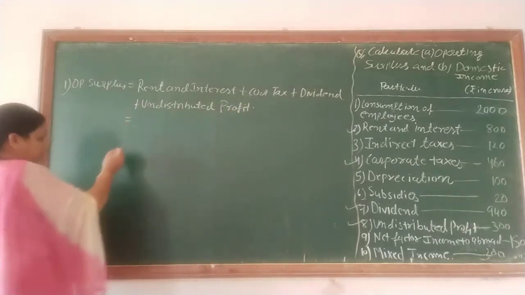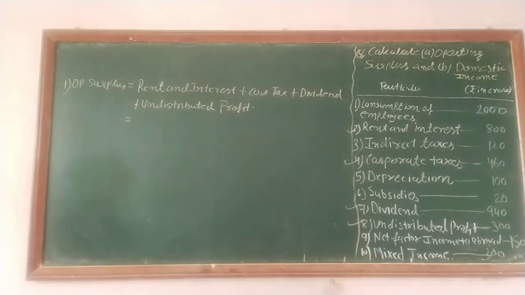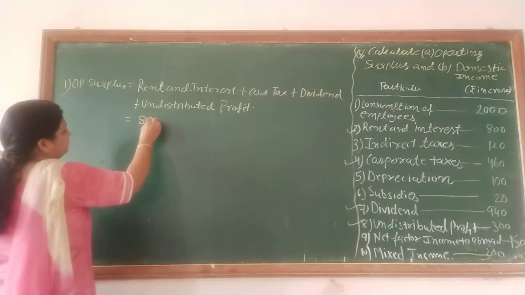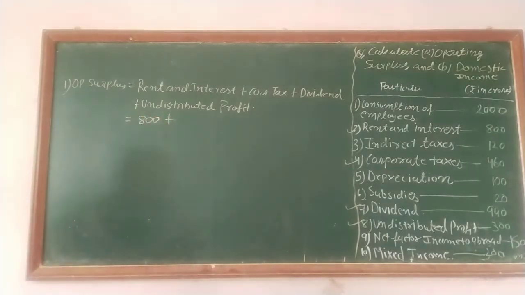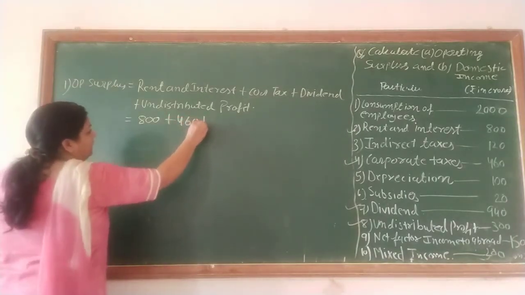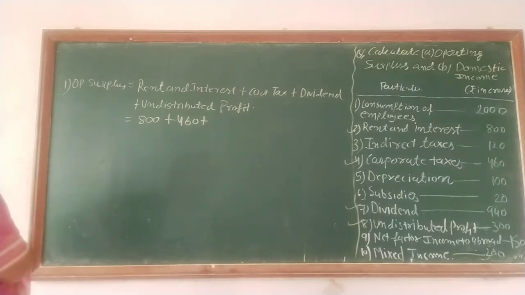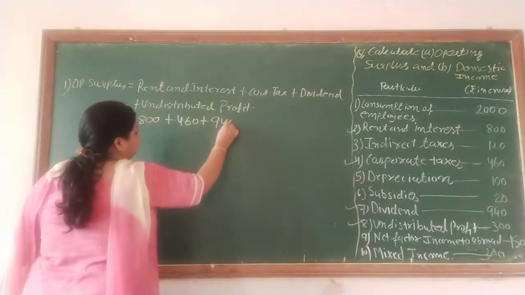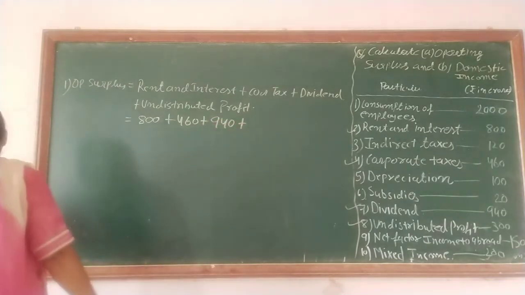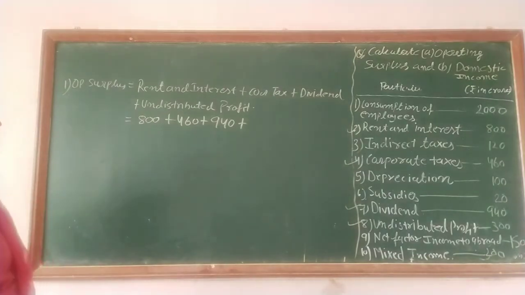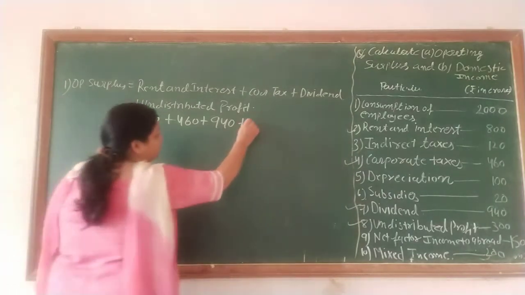Clear? Now rent and interest is given to you. How much is there? That is 800, plus corporate tax is also given to you. How much? 460, plus dividend is also given to you. How much? 940, plus undistributed profit 300 is given to you.